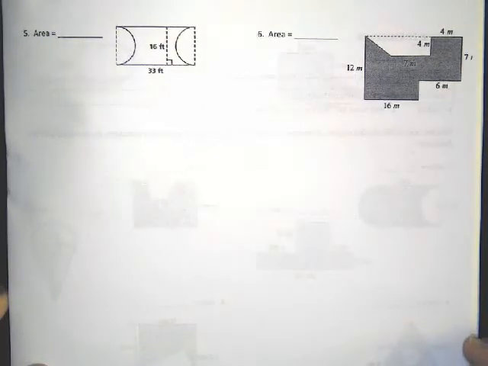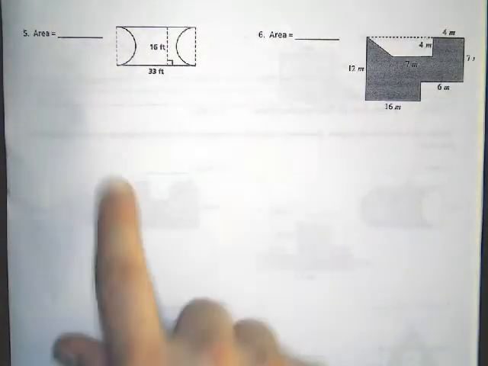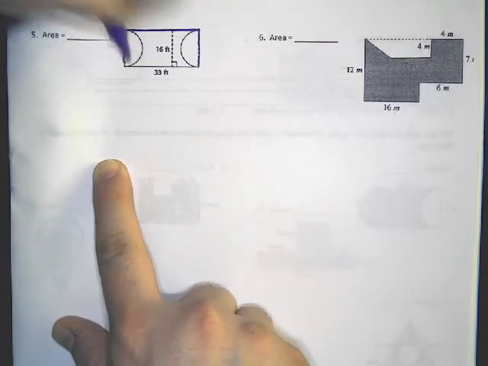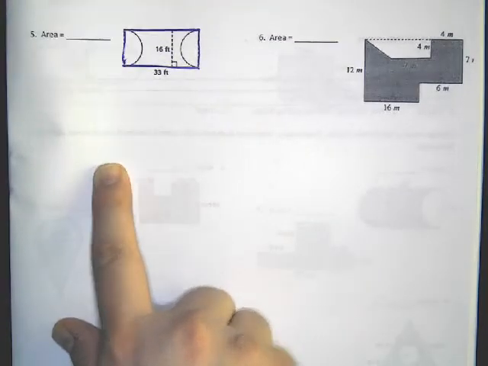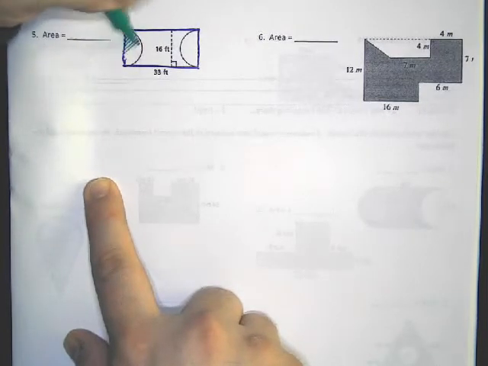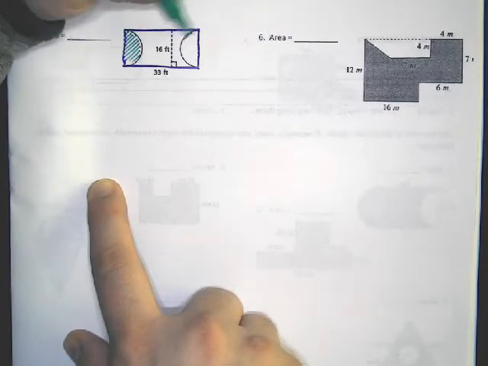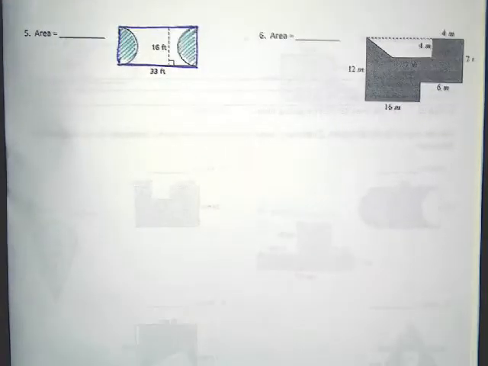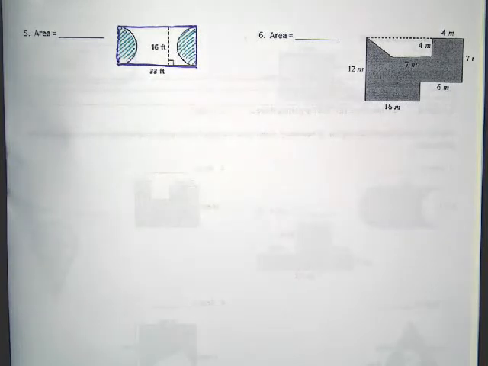What I want you guys to hopefully notice here is that I have this entire shape that I can call a rectangle. And then what I'm actually going to do is I can take away that semicircle and that semicircle, and that's going to leave me with the area that I want, right?